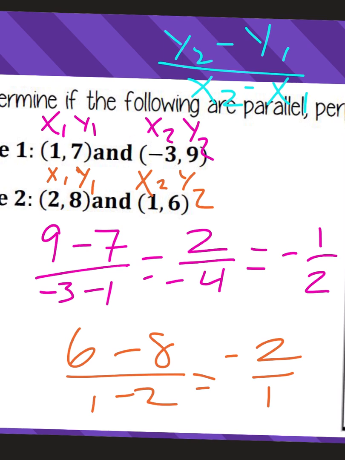Did our fractions flip? Yes. So it becomes positive. Do we have one negative and one positive? Yes. So is this parallel, perpendicular, or neither? Perpendicular, because it did the flip and the switch.